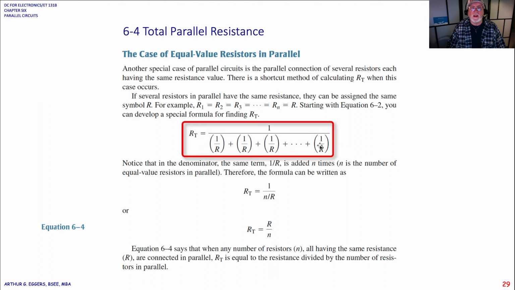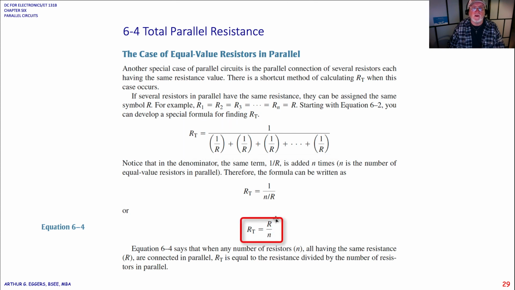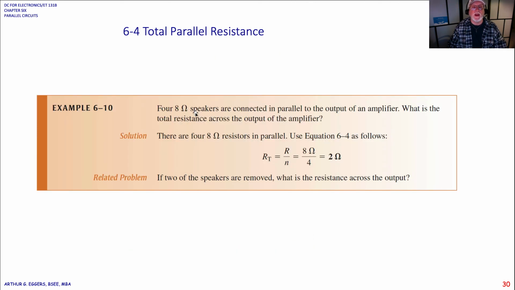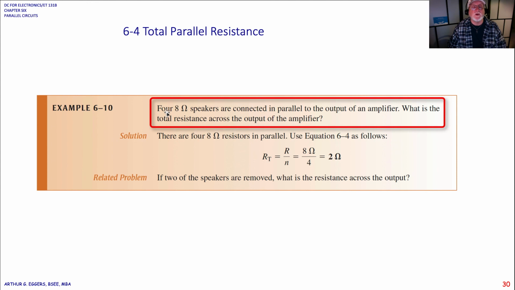Okay? In the case where we have equal value resistors, like I just mentioned, doesn't matter how many they are, if they're all equal value, say in a long ladder, it just becomes simply R over N. So we divide R by the number of resistors. So if we look at this simple example, if we had 4 8-ohm speakers connected in parallel to the output of an amplifier, which may be common if you're trying to do some impedance matching on an audio system, what is the total resistance across the output of the amplifier?